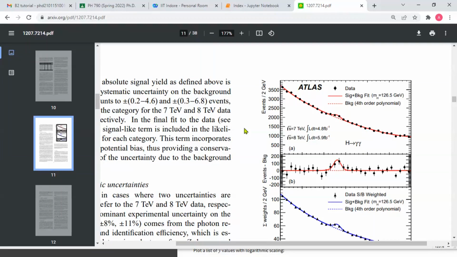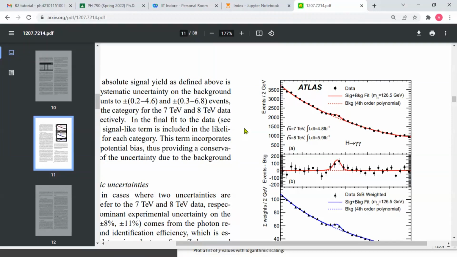So basically each and every point tells you the data, the black dot, minus the dotted fit. Do you see the pattern there?